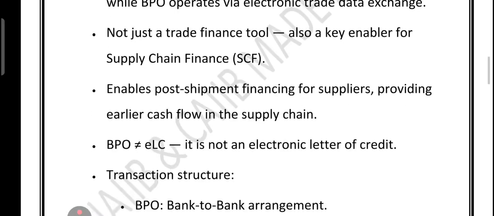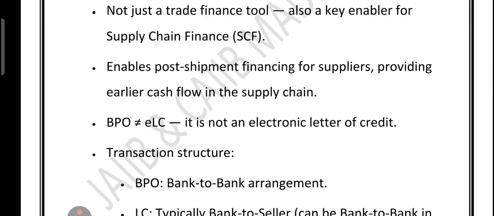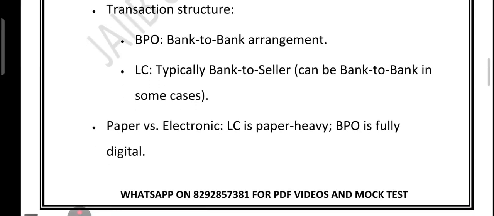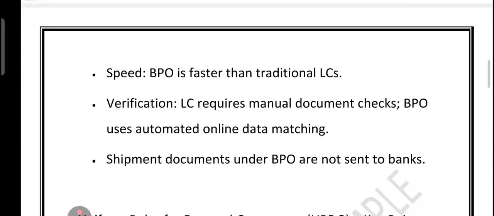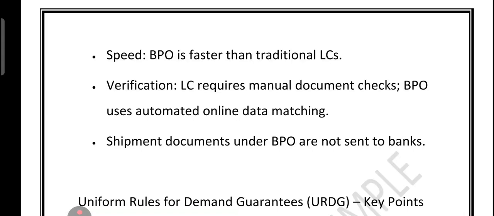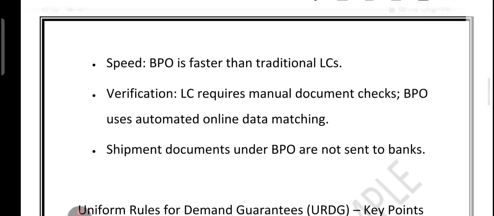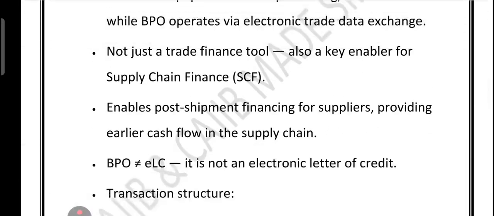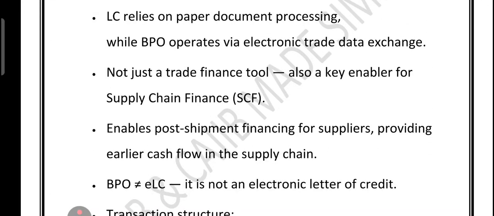If you look at the key difference between BPO and LC, LC relies on paper documents that need to be processed and checked, while BPO works through electronic trade data exchange, no piles of paper, no courier. BPO is also more than just a payment tool. It is a key driver for supply chain finance, or SCF.